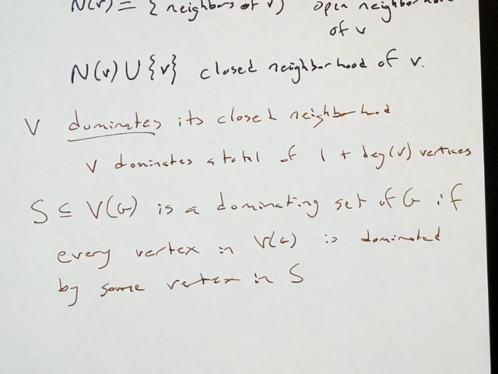Wait a minute. A vertex dominates its neighborhood. So I'm really saying I need you to pick a set of vertices whose neighborhoods cover the graph.